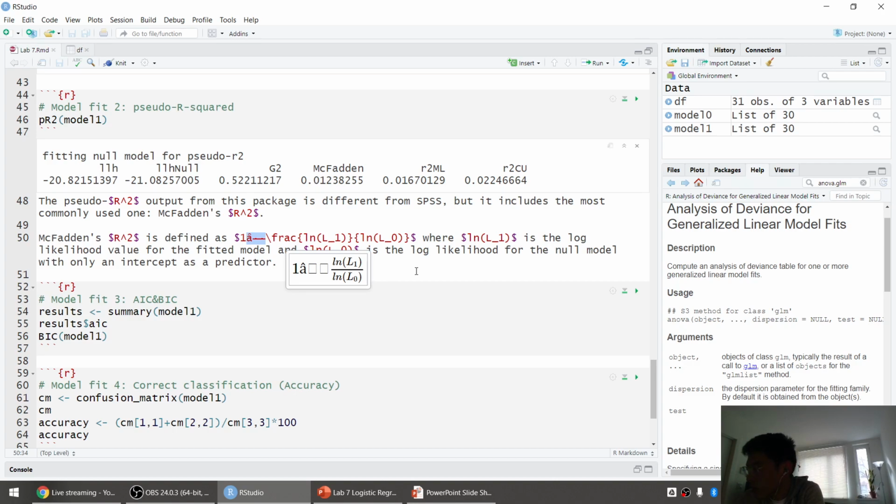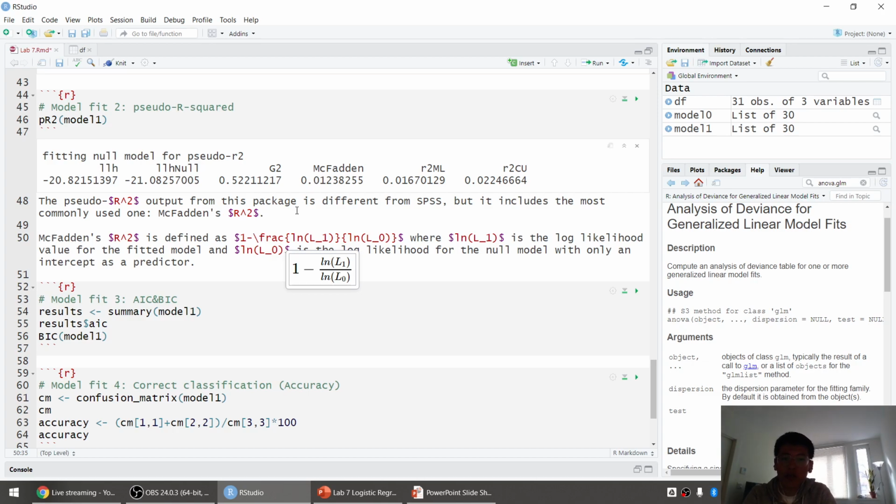I think I wrote it down on my MacBook, and it turns out to be kind of weird. So I think this is just only a minus sign. So it's 1 minus the natural log of L1 over the natural log of L0. So L1 and L0 are the likelihood for the full model, the fitting model, and the null model respectively.